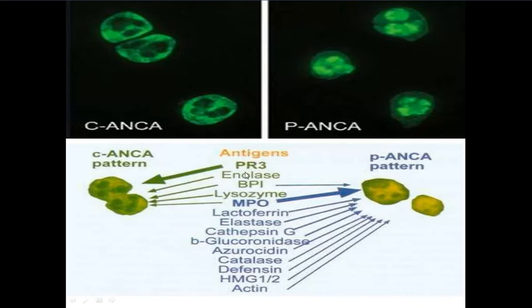C-ANCA is against proteinase 3, whereas P-ANCA is against myeloperoxidase. So these 2 points you can remember here. Though there are many possible targets, these 2 are the very important points.